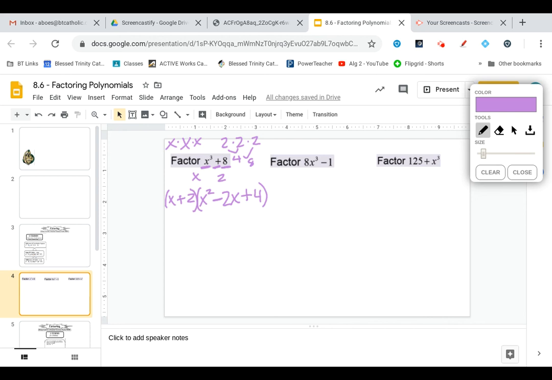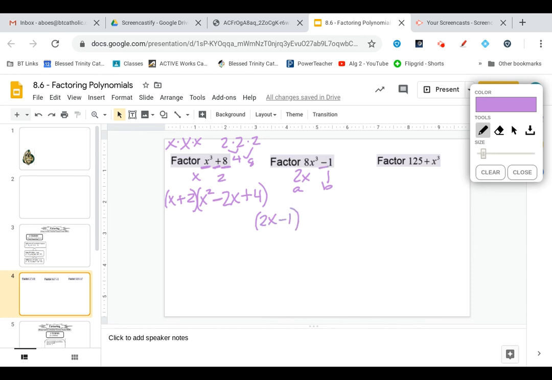Let's look at the second one. 8x to the third minus 1. What's the cube root of 8x to the third? 2x. And obviously 1 times 1 times 1 is just going to be 1. So that's my A and that's my B. So I'll take 2x minus 1.